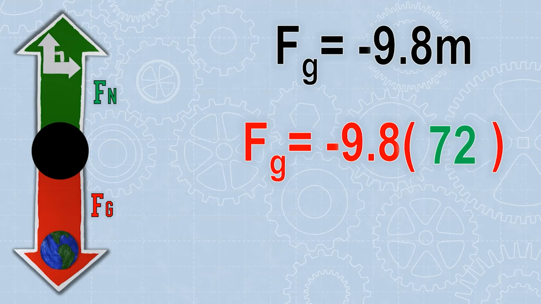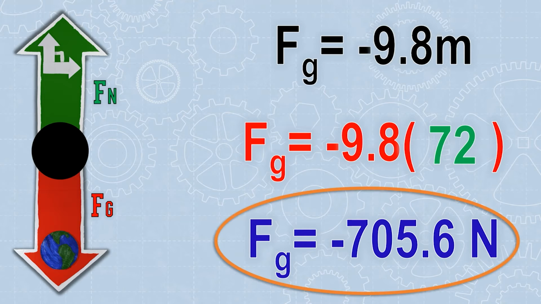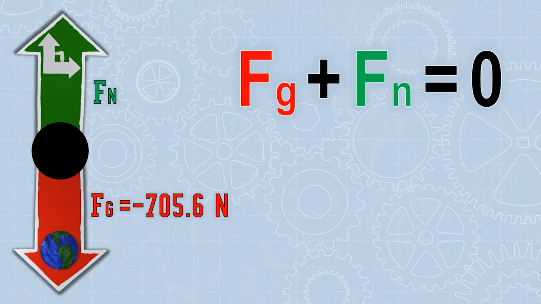So if our mass is 72 kilograms, we end up with a gravitational force of negative 705.6 newtons. We can even find how much the ground is pushing up because it's not moving, because nothing's pushing or pulling more, because we're constant velocity. We can assume it's the same but positive.